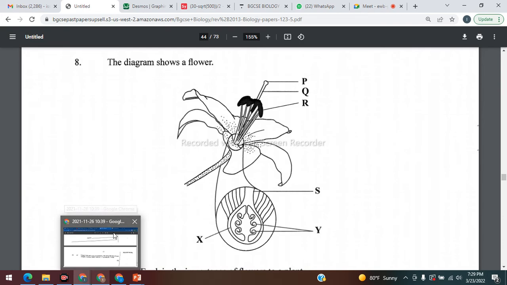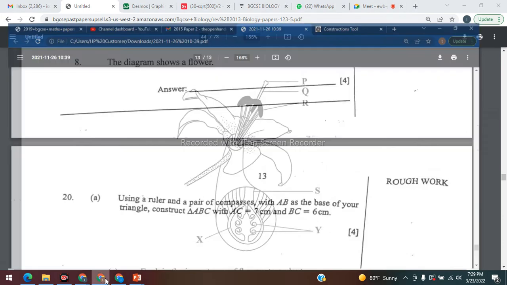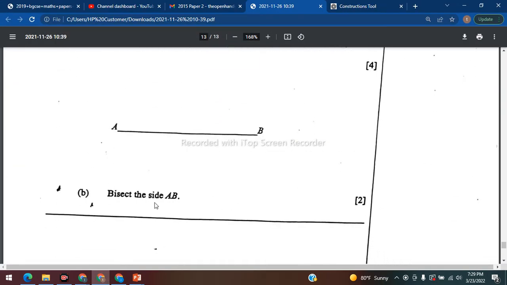You want to bisect? Yeah, I'll write it down. I have it.